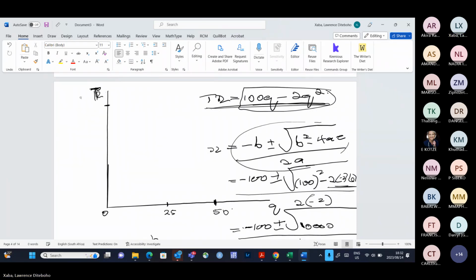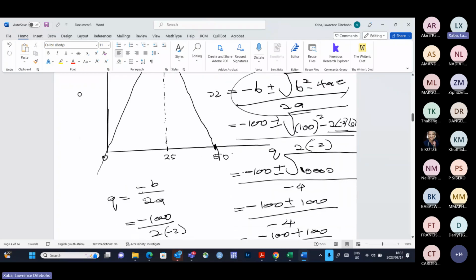We have 1,250. So our turning point will be here. This is how our graph is going to move. It will pass from the 0 axis, going up and coming down.